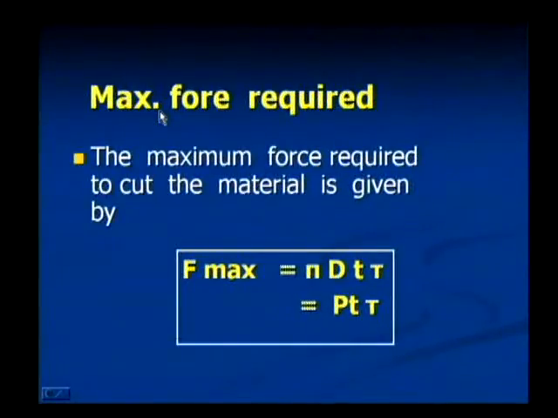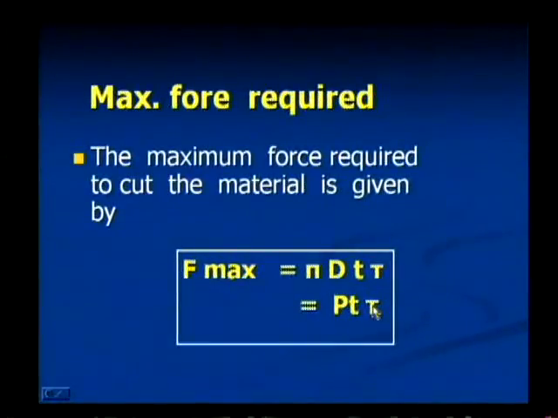Now, let us see the maximum force that is required for the cutting action. The maximum force required to cut the material is given by the following equation. F maximum is pi d t into tau, where in case of circular holes or a circular punch, d is the diameter, or it is also equal to P into t into tau. Here P is the perimeter of the punch or the die, and t is the stock thickness.